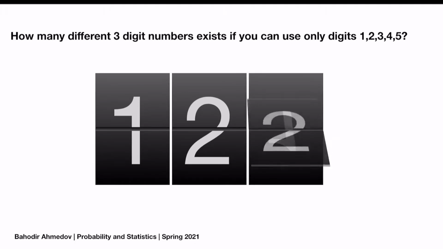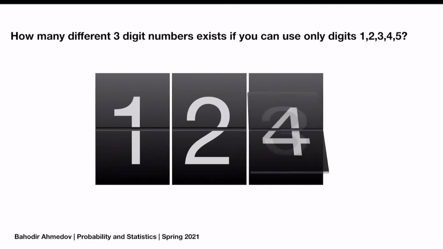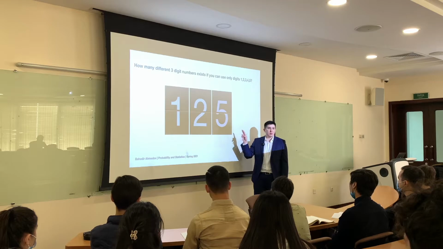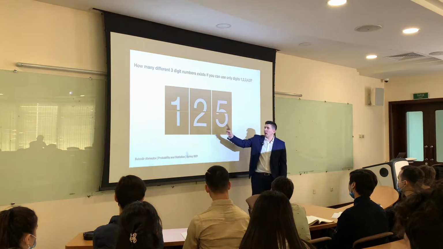Again, 5, right? Again, 1, 2, 3, 4, 5. So for every digit on the second position, I have 5 digits on the third position. How many possibilities can I create for the second and third positions? 25, right? Because for 1, I have 5 options.